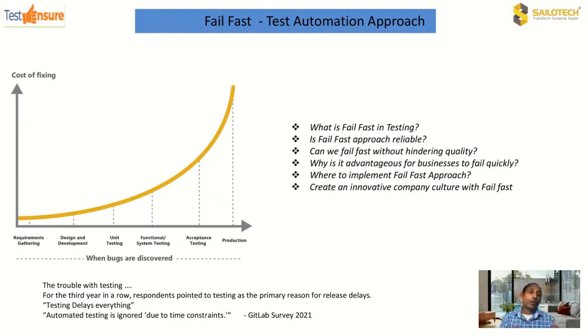Along the phases of SDLC, the earlier you catch the bugs, basically you are failing the code that you have deployed into your dev environment or into QA or into pre-prod or into UAT, whatever environment it might be. So you are failing fast, as soon as you can. That is the whole idea.